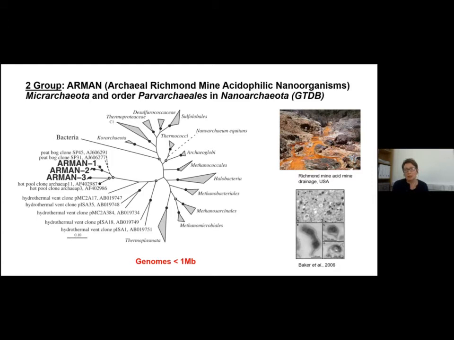What was very interesting is that these organisms were found in the filterable fraction, and the cells were considered to be of very small size, something like 0.15 to 0.2 micron only, and genomes of different levels of completeness recovered from metagenomes also revealed that these organisms have very, very small genomes, less than 1 megabase. And all these features, small cell sizes and small genomes, are quite characteristic for small archaeal organisms which could be host-associated or symbiotic microorganisms.